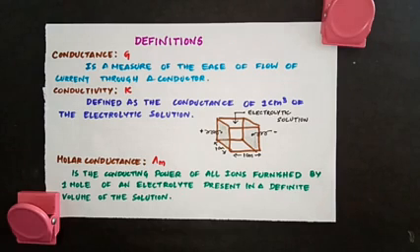Just now we have seen what are metallic conductors and electrolytic solutions. In that conduction, we have to consider the concentration of the electrolytes also, but in the case of metals we don't have anything like concentration or the quantity of the solution.